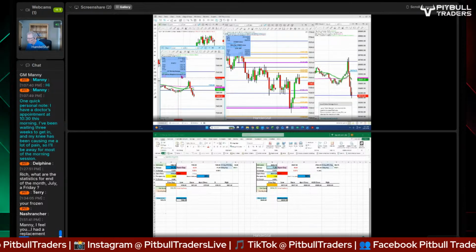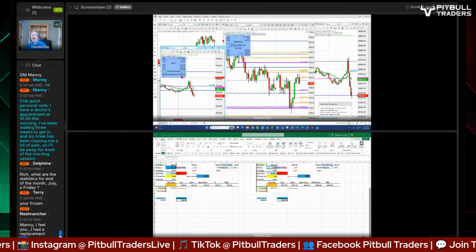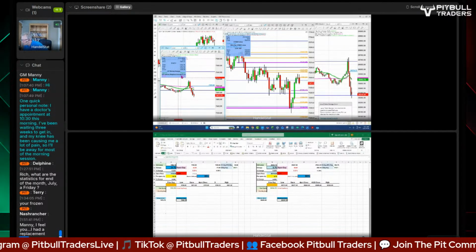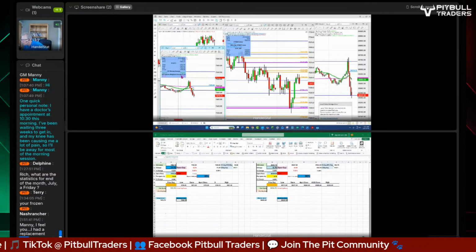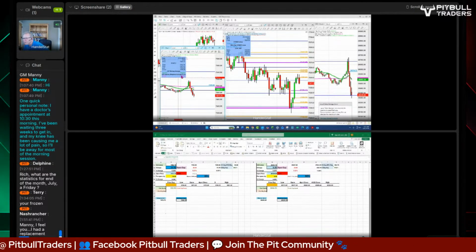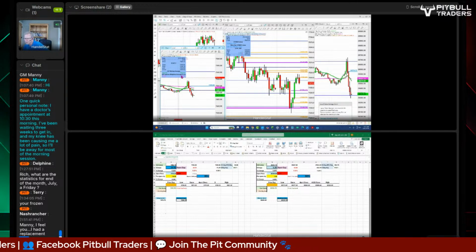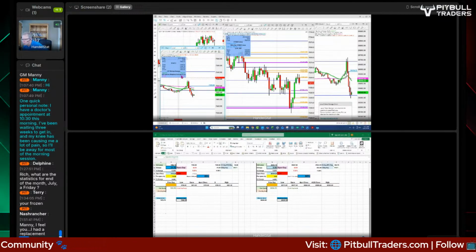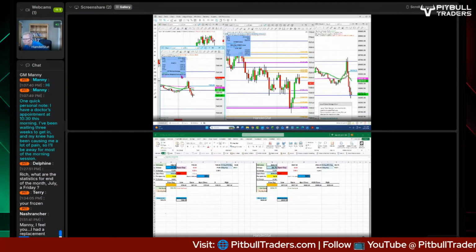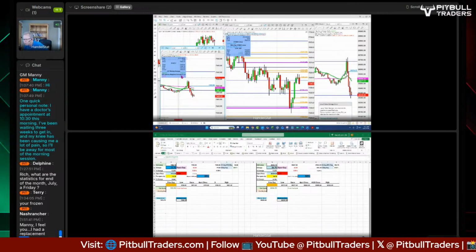Let's see. It is looking like it's going to go. That's a 90. What is it? Buy to open. One below. And this at 40. 40.